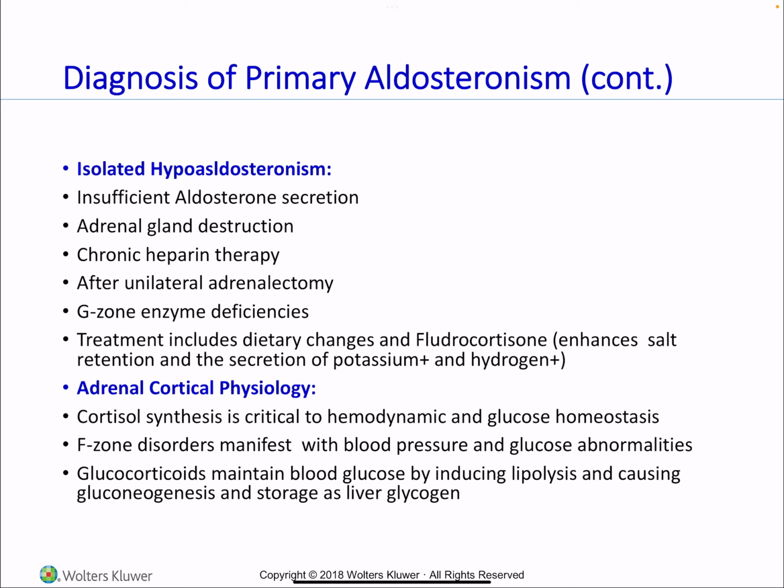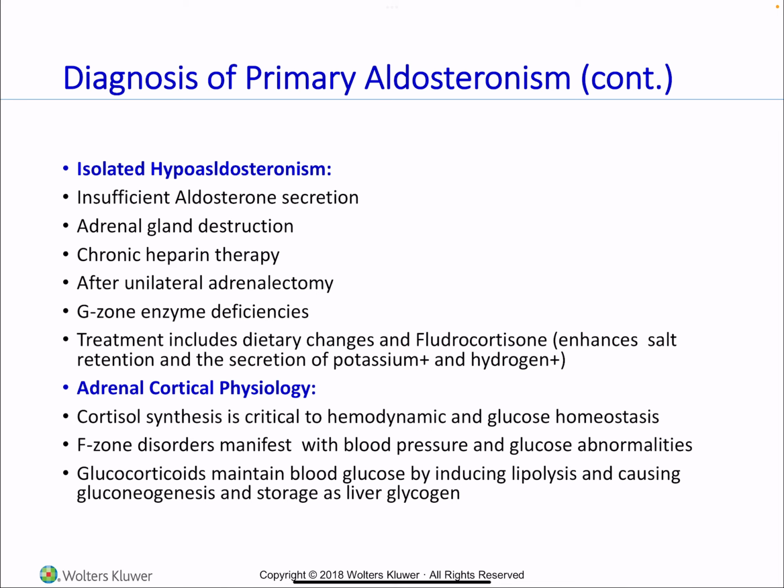Sometimes it could be due to chronic heparin therapy or after unilateral adrenalectomy. There is typically an enzyme deficiency that occurs here. And the treatment includes dietary changes and fludrocortisone, which enhances salt retention and the secretion of potassium and hydrogen.